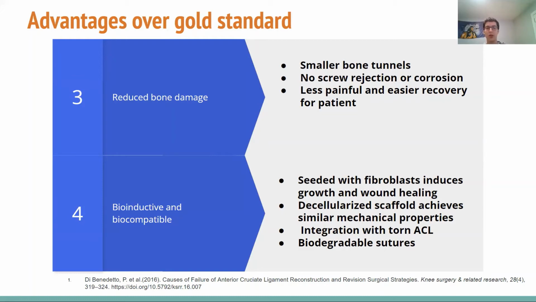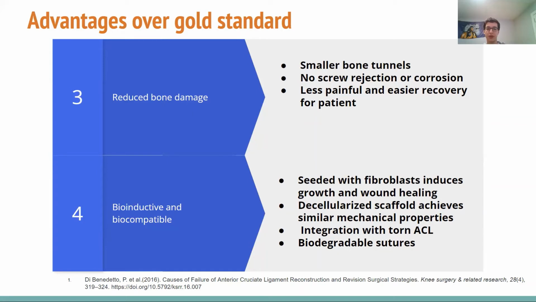Also, by avoiding screws as a means of attachment, issues of rejection, screw failure, and corrosion are circumvented. Additionally, pain at the site of screw fixation is present in 25% of ACL patients.